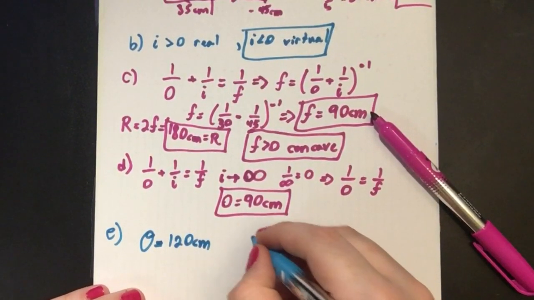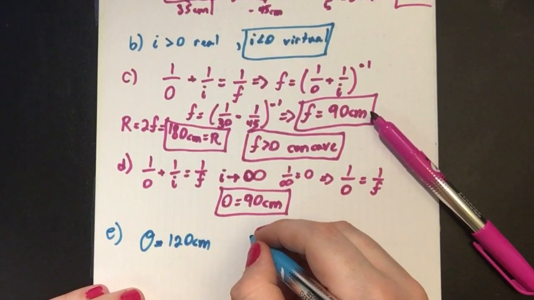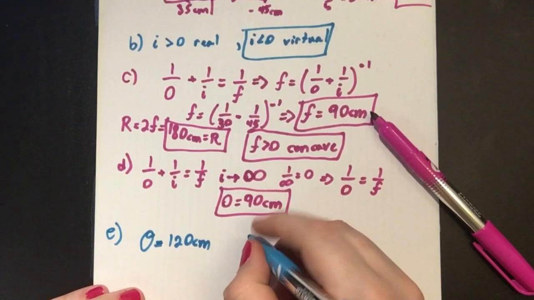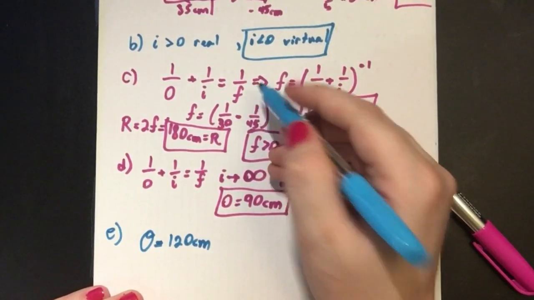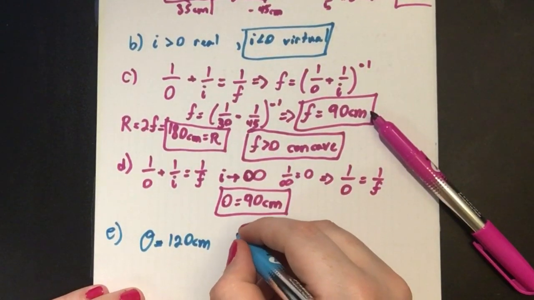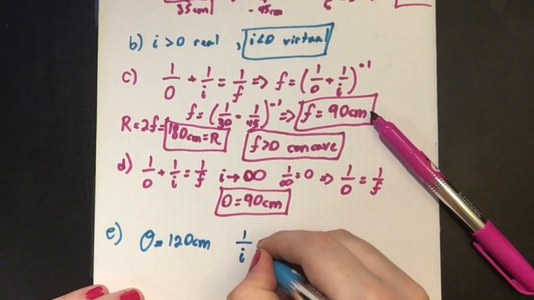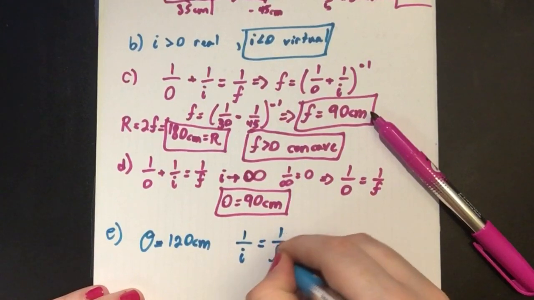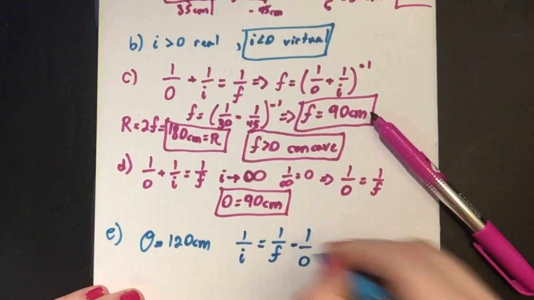Let's see what happens. If we want to know where the image is going to be, using this equation again, we're going to solve for 1 over I. So 1 over the image distance equals 1 over the focal length minus 1 over the object.